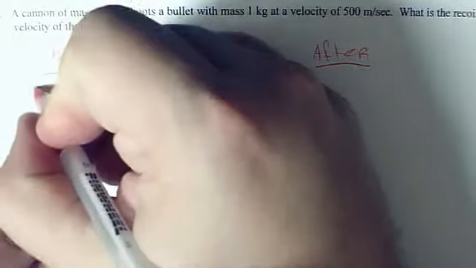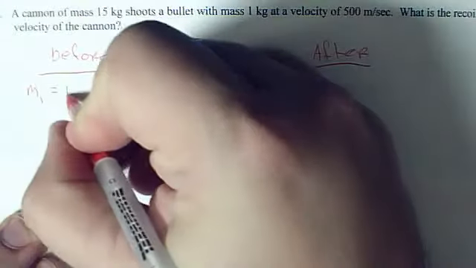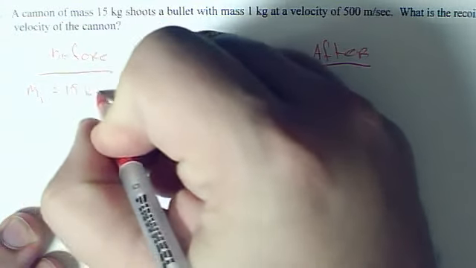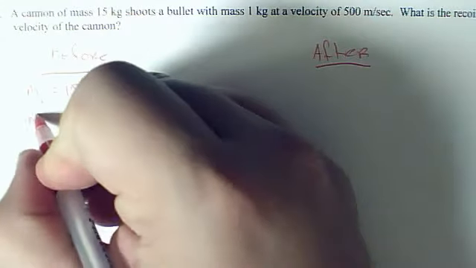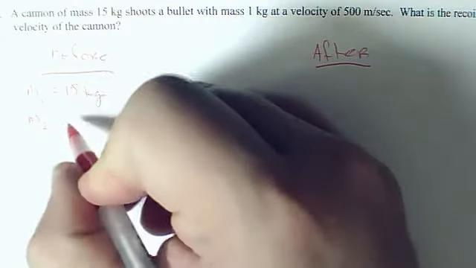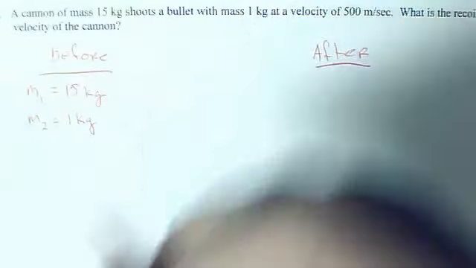Before, we have the mass of the first object, which in this case is the cannon. It's 15 kilograms. And then we have the mass of the second object, which in this case is the bullet or cannonball, 1 kilogram.